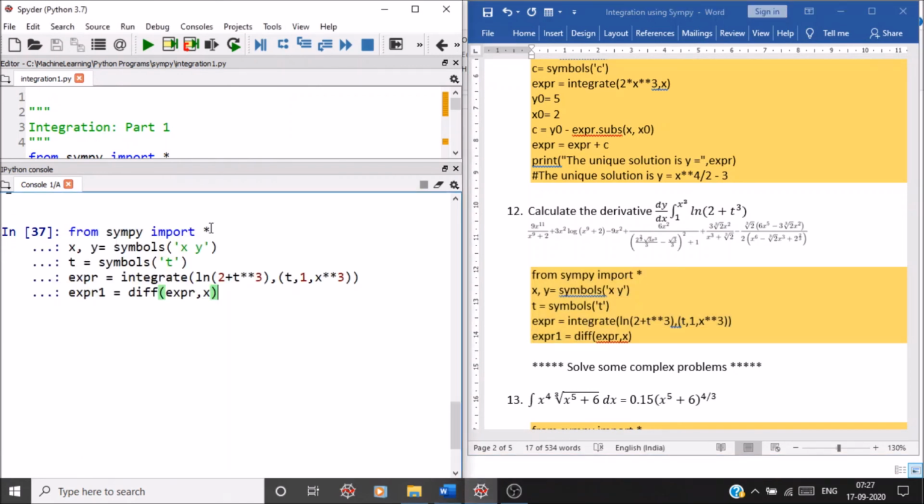From SymPy import asterisk; x and y are symbols, t is another symbol, and the expression is integrate ln 2 plus t to the power q with respect to dt, lower limit 1 and upper limit x to the power q, and differentiation is expression comma x.